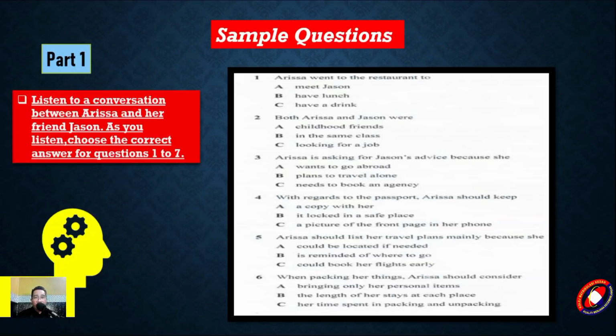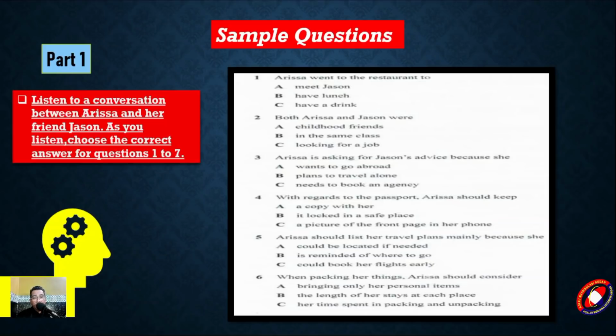I'll try my best. Question number 1. I'm trying to give you an idea of what the question looks like, so that you get a rough idea of how the question would be like. And then, of course, we are not trying to attempt this, but just to give you some idea. Okay, question number 1. Arisa went to the restaurant to meet Jason, have lunch and have a drink.